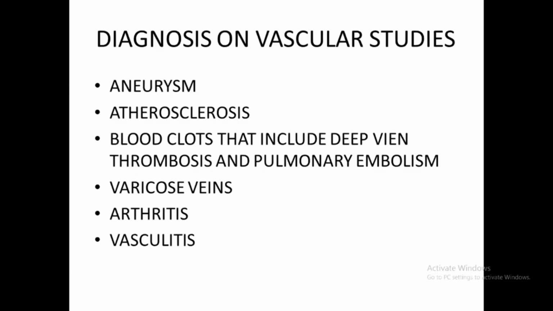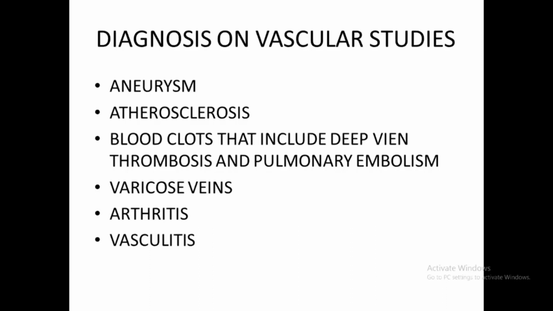So, diagnosis and vascular studies. I have listed a few analyses here. These are the diseases that I have come across very often in vascular studies. First is the aneurysm. An aneurysm is the development of a bulge on the veins, on the arteries.